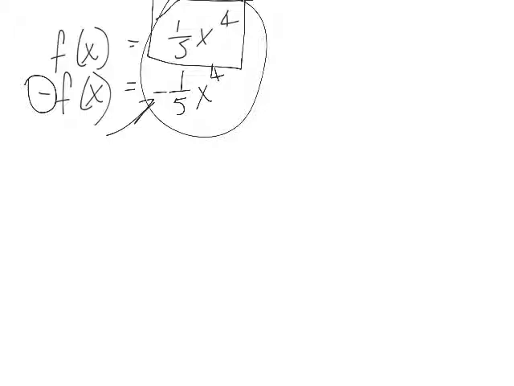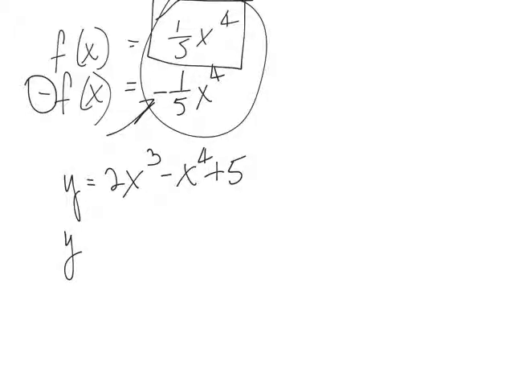Let's look at the example on page 155. We have y equals 2x cubed minus x to the 4th plus 5. Let's just look at that one right now. So the question is, what would the flippage look like?